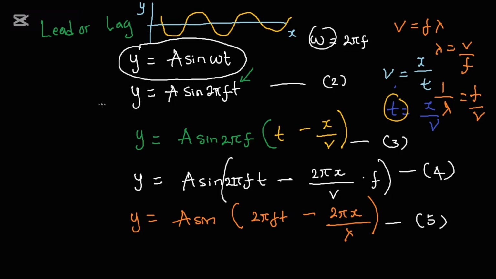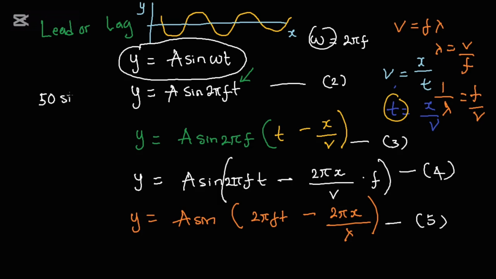So in JAMB, you'll be given a wave equation. All we have to do is compare the one that resembles the equation and use it to get our unknown quantity. So for example, you are given a wave equation that looks like this in JAMB.